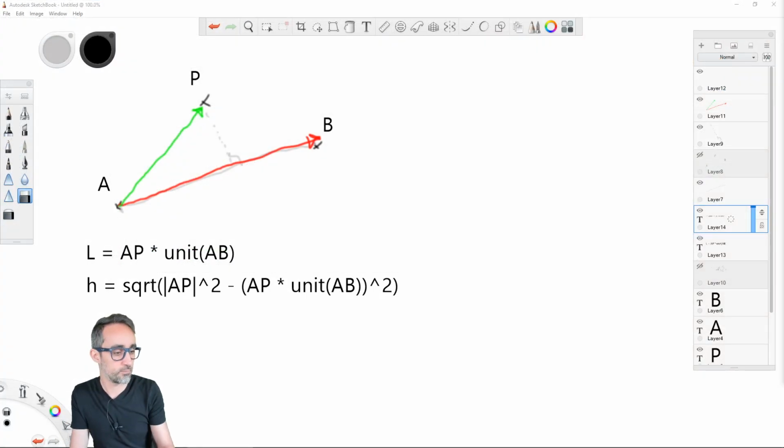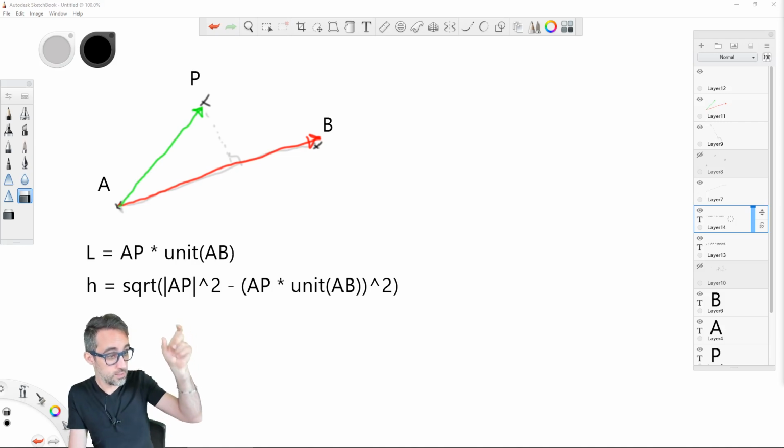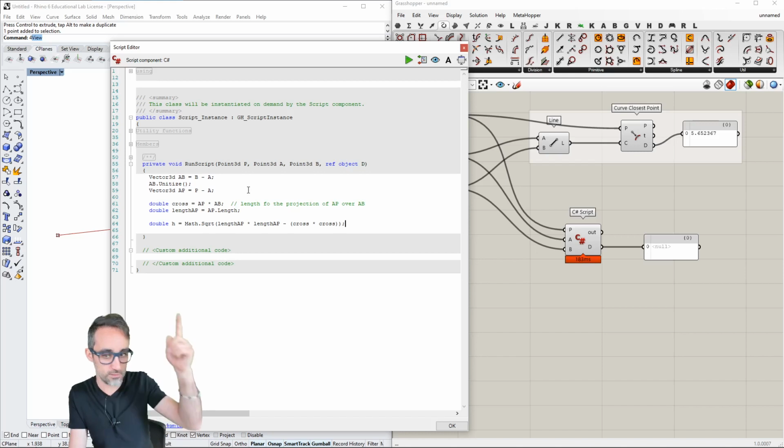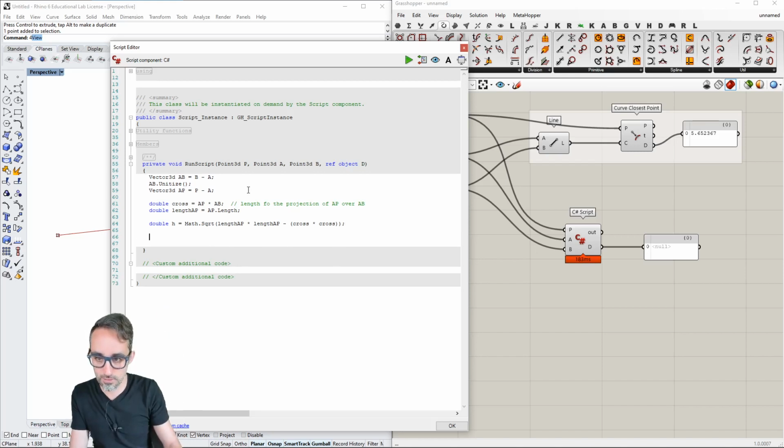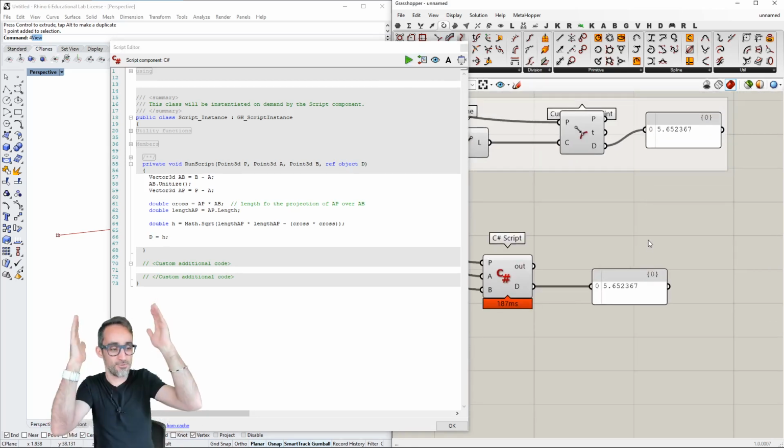Is that correct? You see here the square root of the length of AP squared, so AP times AP, minus the cross product of AP times the unit vector AB squared. As we just saw, this is cross, so let's see if that works. I'm going to output there, and boom, it works.